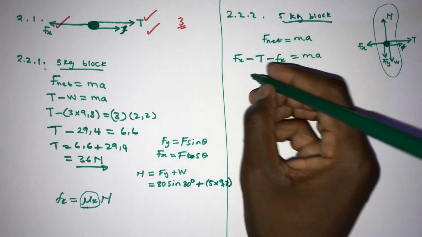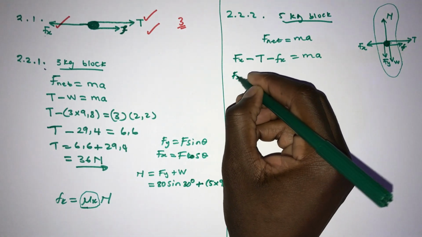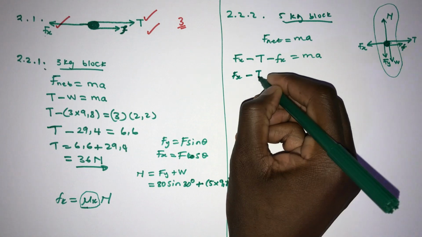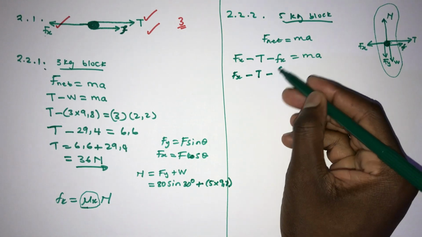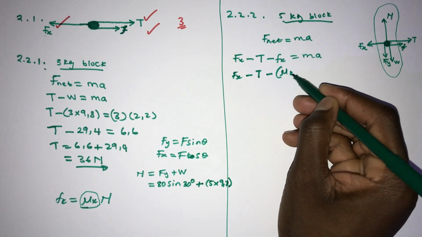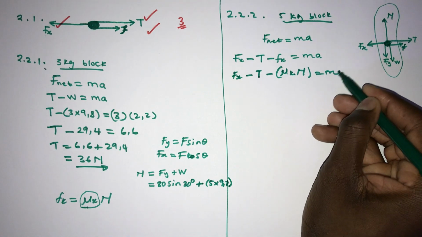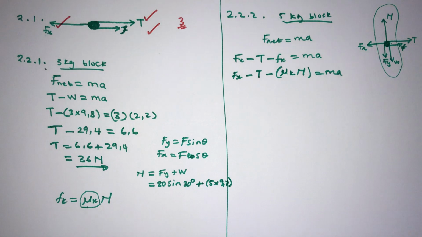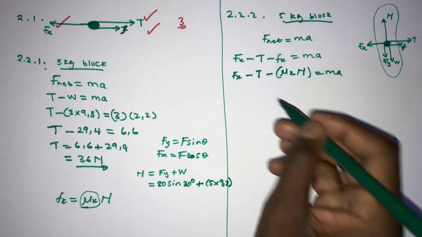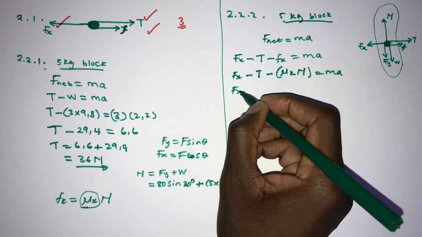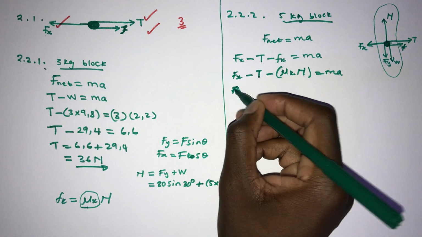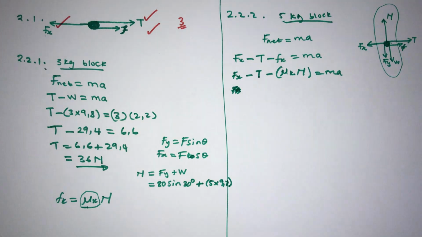So now we're going to say Fx minus the tension minus the coefficient of kinetic friction multiplied by normal force is equal to ma. So now let's just substitute. What is our Fx?